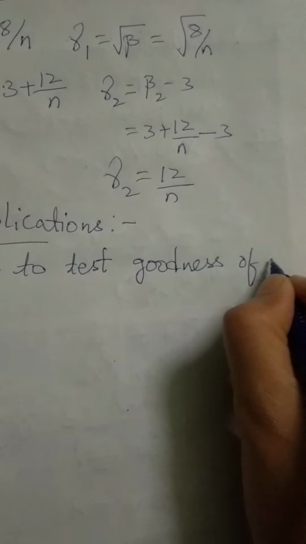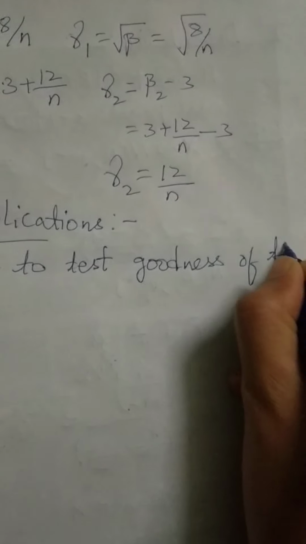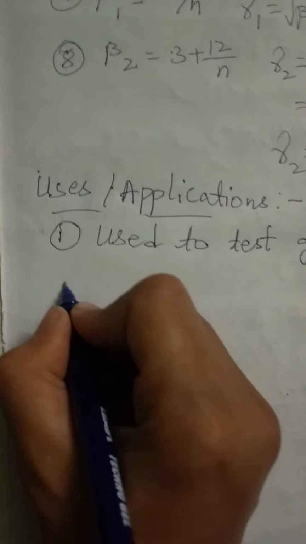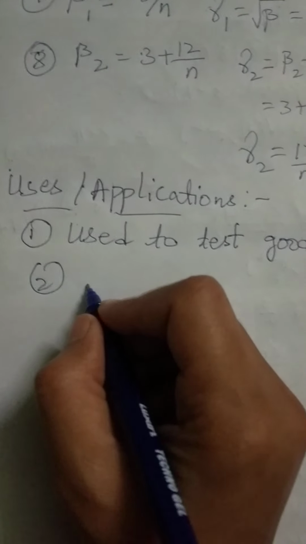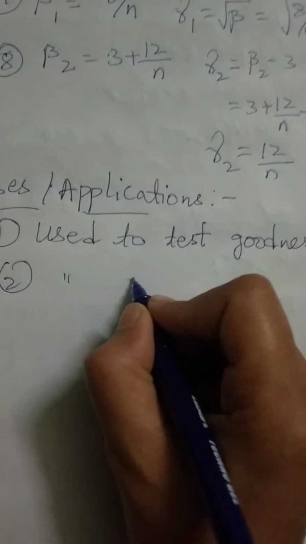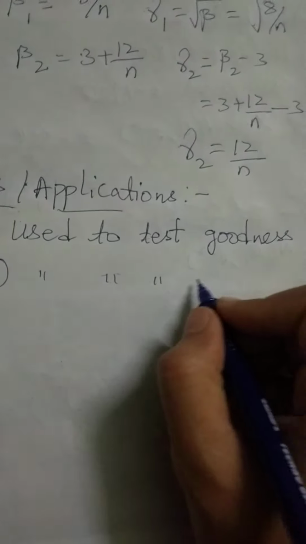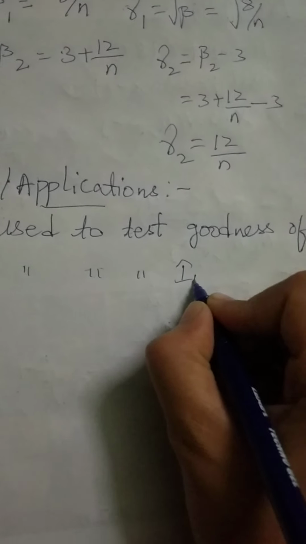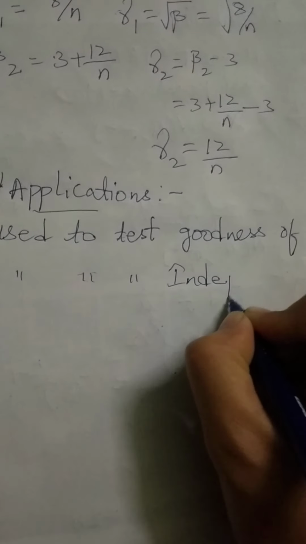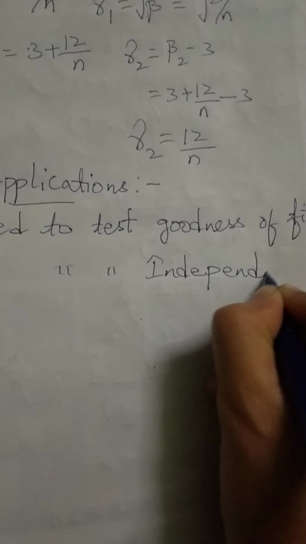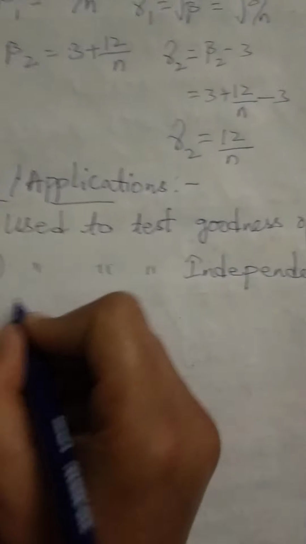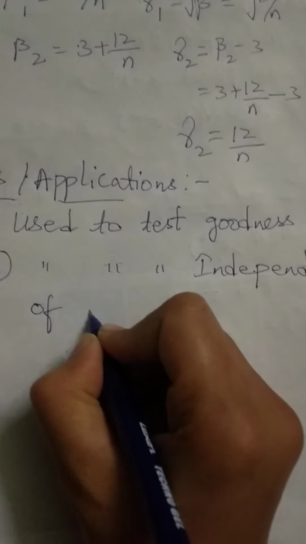Then the second is that chi-square is used to test independence of attributes.